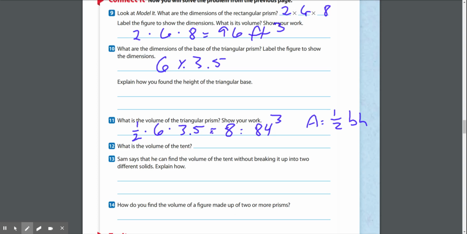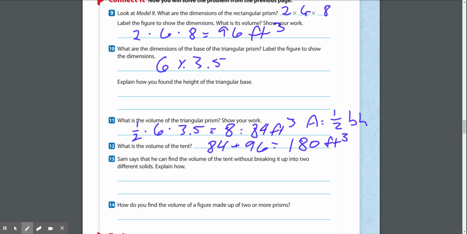So the total for the tent would be 84 plus 96 equals 180 feet cubed.